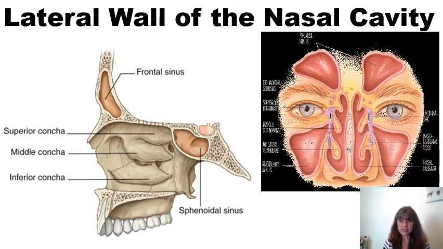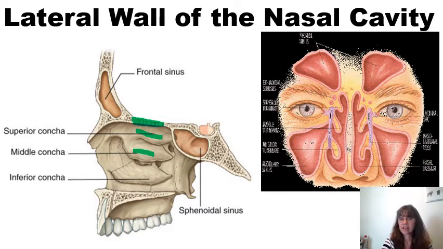Here we have a really nice view of the lateral wall of the nasal cavity. You can see a part of the ethmoid bone here with those lines that are going vertically in this direction, representing the olfactory foramina. Here we have the superior nasal concha and the middle nasal concha.